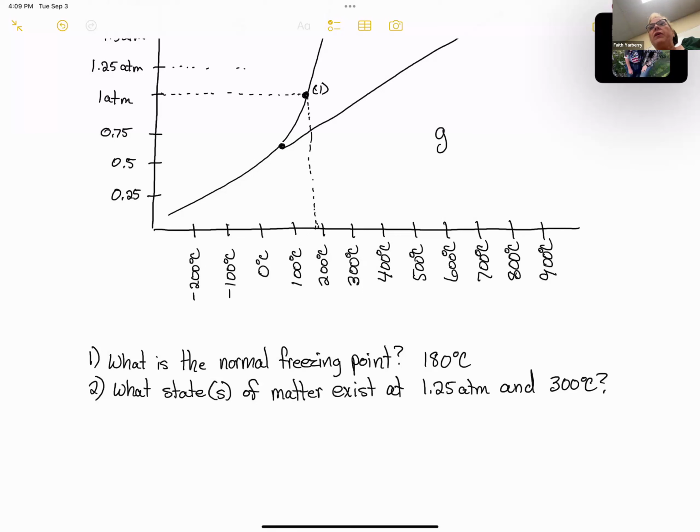Okay, 1.25 atmospheres, 300 degrees Celsius. The only state that exists is a liquid.